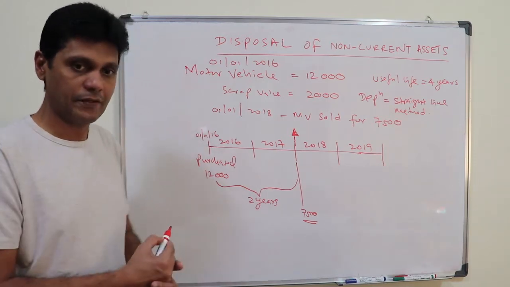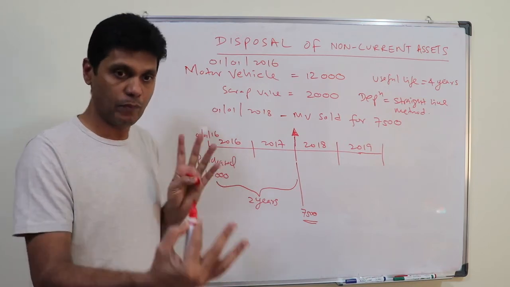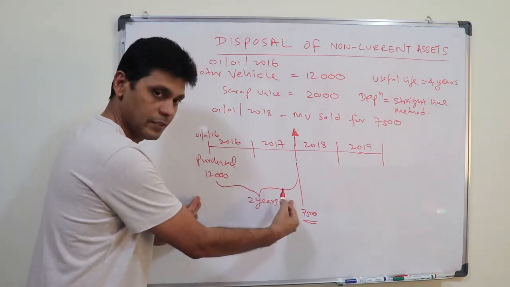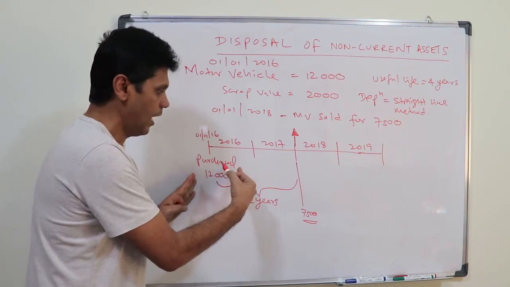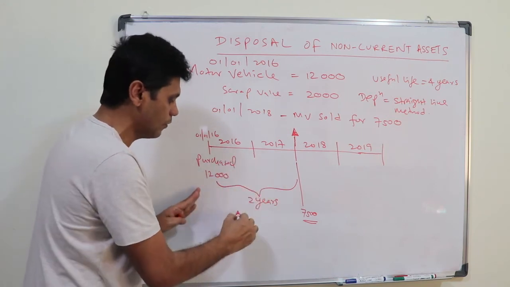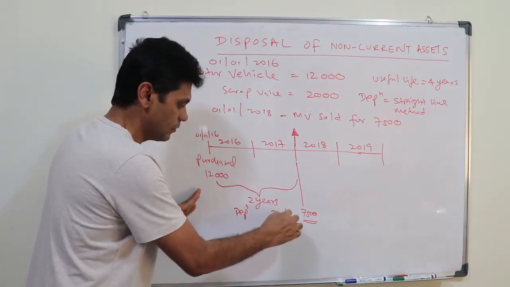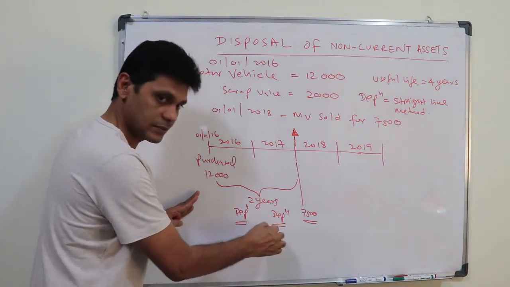To record this transaction, there are two parts. First, you have to record the purchase of the motor vehicle, and for these 2 years you have to record depreciation.